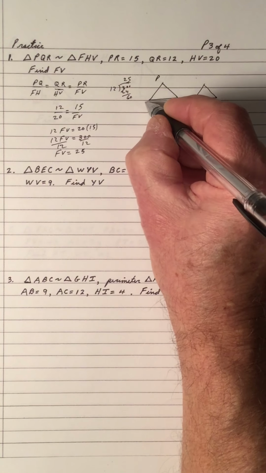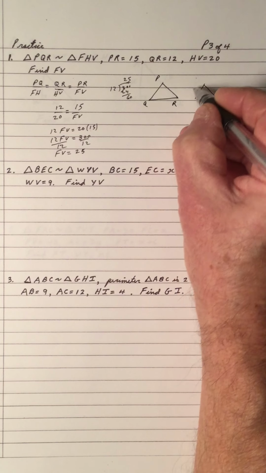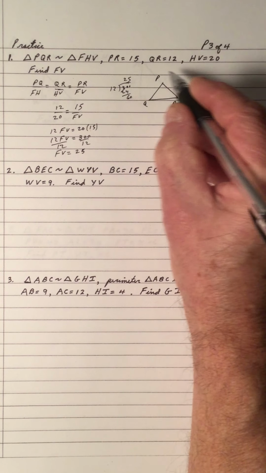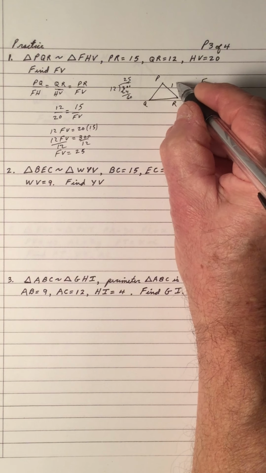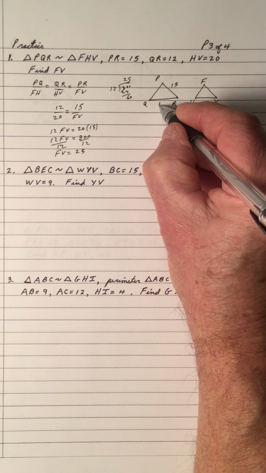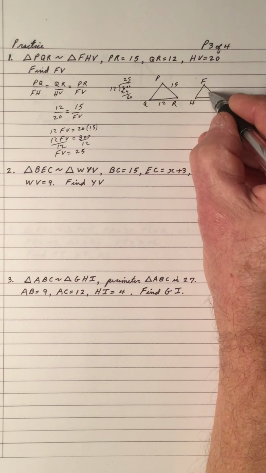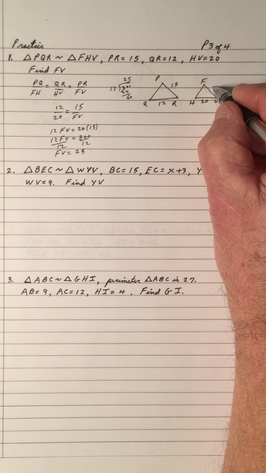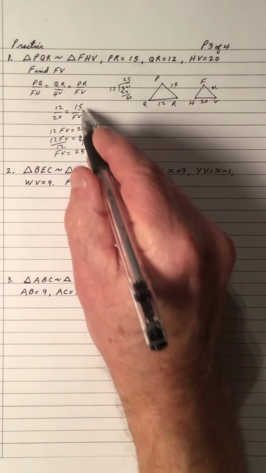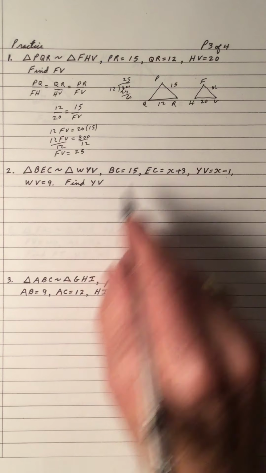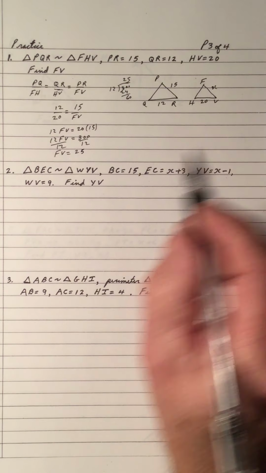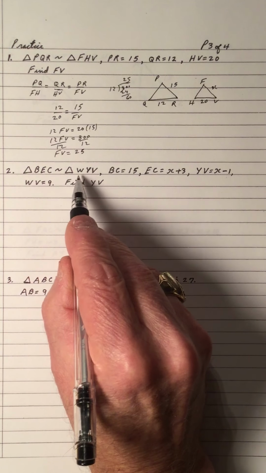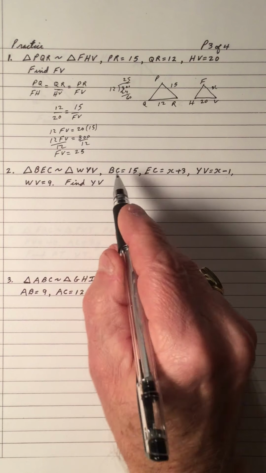P, Q, R, F, H, V, and PR is 15, QR is 12, HV is 20, and this is the unknown right here. I can call it X, and it works out to be this ratio here. It works faster.